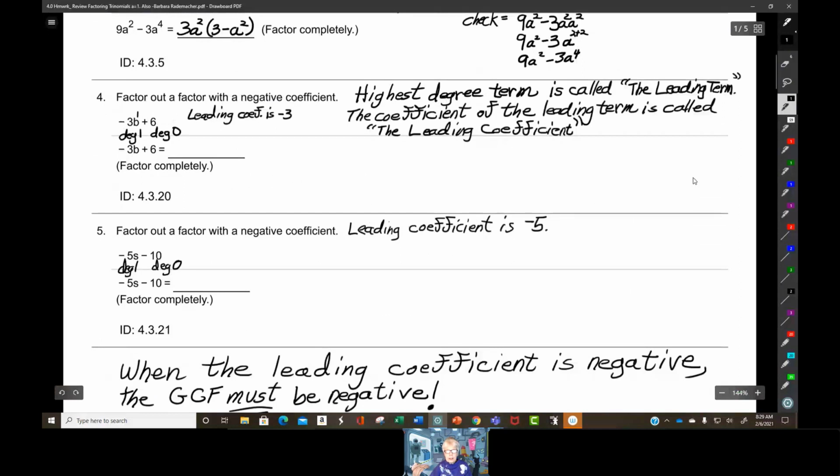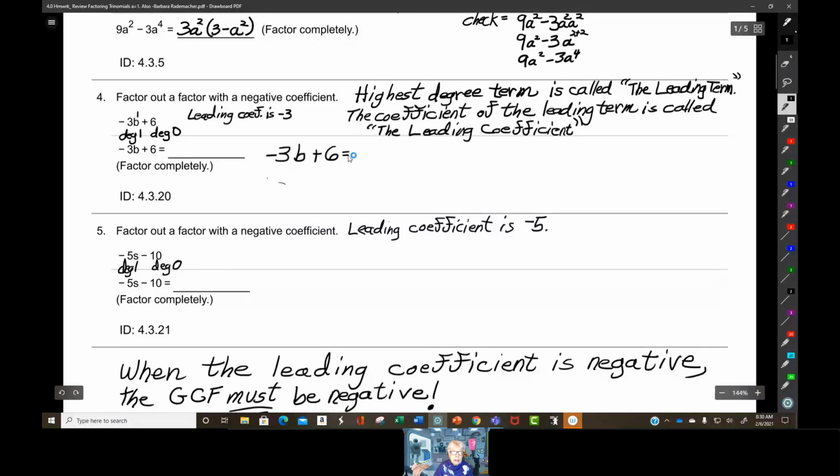So let's start with number 4. Negative 3b plus 6. If the GCF has to be negative, then I have to find a negative number in the second term, which is positive. Can I do it? Yeah, I can.